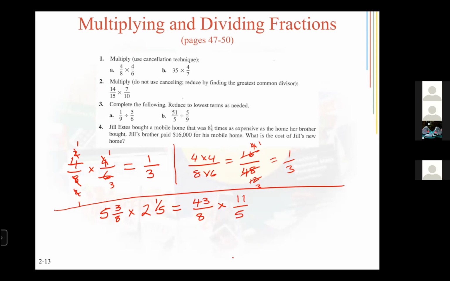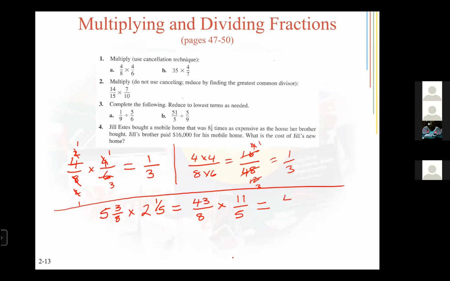Now, can we do any canceling here? No, there's nothing we could cancel, so we just have to multiply the numerators, multiply the denominators. So 43 times 11. 473.